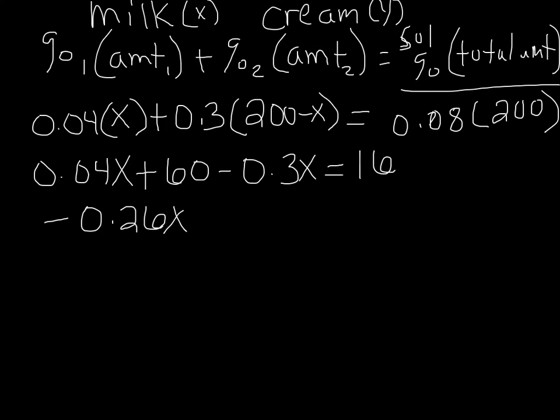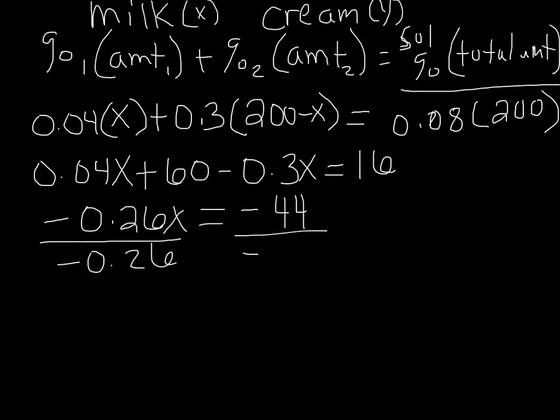Don't let that negative scare you right away, because on the other side you get a negative 44. We obviously can't have negative pounds, so if you ever get something that's negative, that would be a clue that you're maybe not on the right path. But in this case, we're dividing also by a negative, so I know that my answer is going to be positive. And you're going to get x is equal to approximately 169.23 pounds.